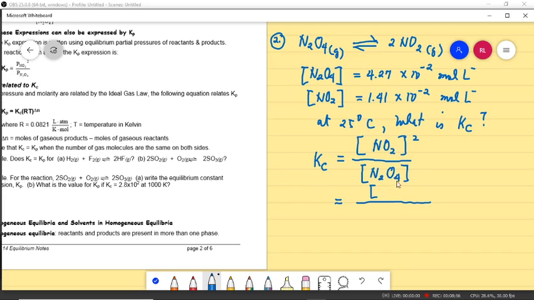By the way, every time you watch the video, please always have your calculator, because you need to do the calculation also. Okay, what we are doing is we just substitute the given concentration.